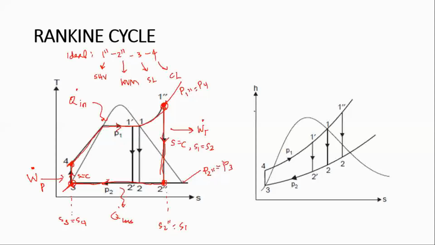Sa HS diagram naman, ito uli yung ating saturation curve. So, at point 1, obviously, that is superheated. Then, punta sa point 2. S is equal to C. So S2 is equal to S1 double prime. Baliktad pala ako dito. This is S1 double prime.